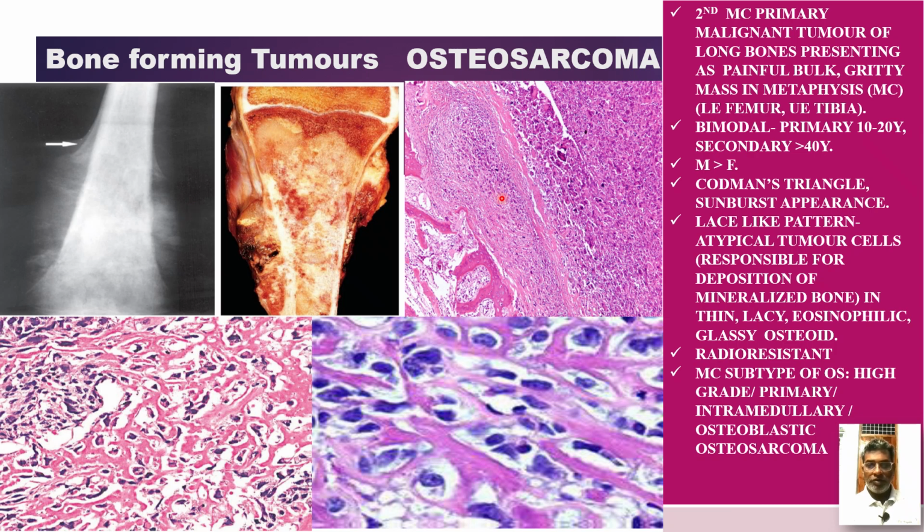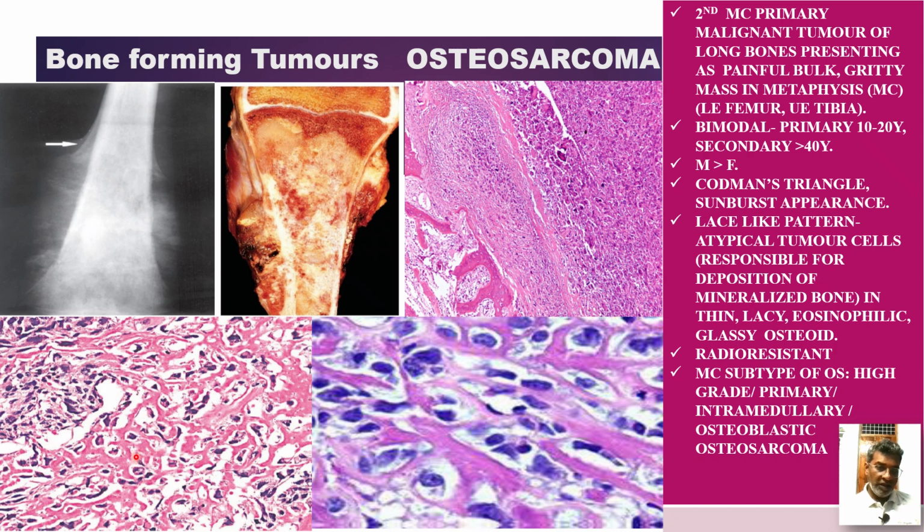And coming to the microscopy, if you see, these are bony trabeculae, pink ones, and this is tumor tissue. If we zoom in, you can see all the tumor cells are of different shapes. They are atypical, pleomorphic.